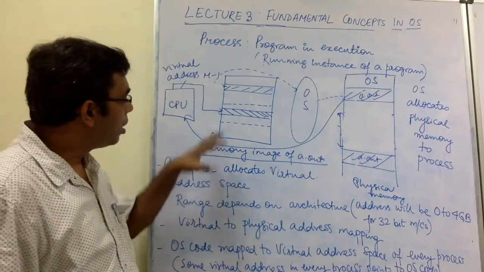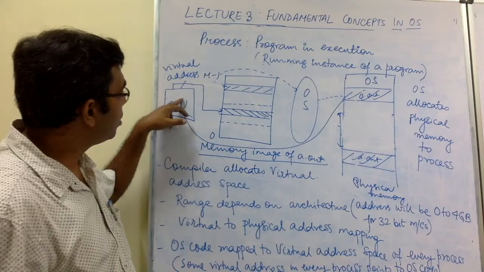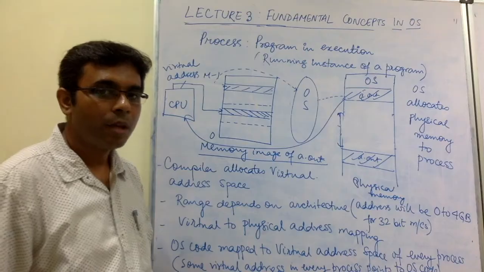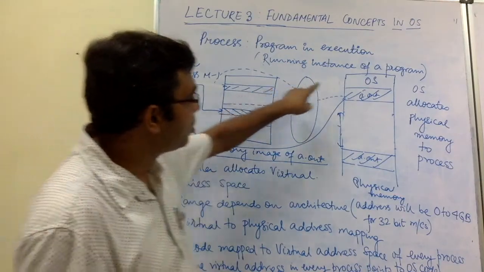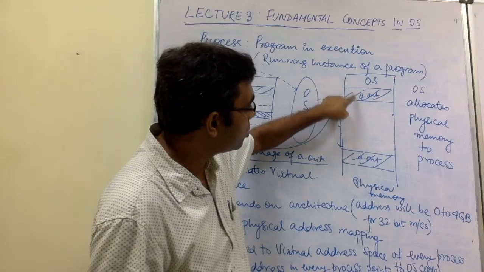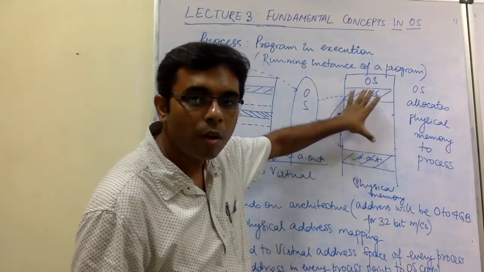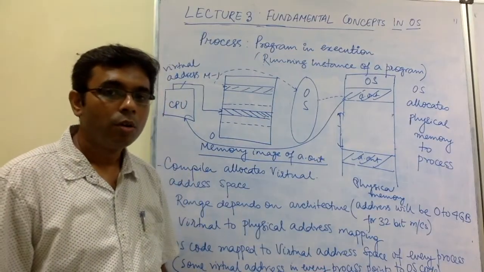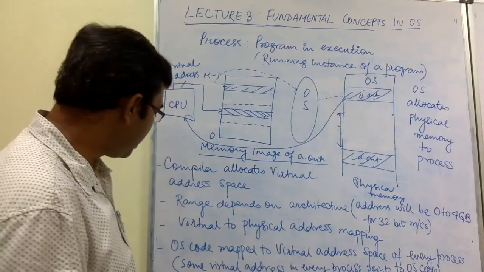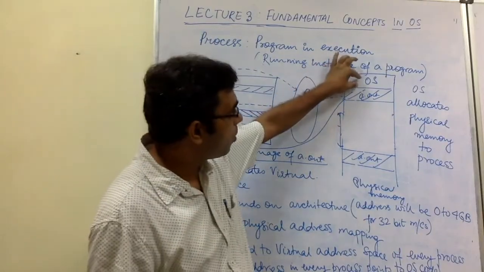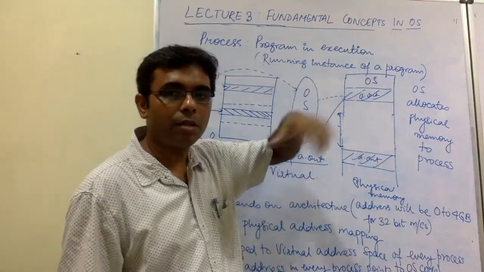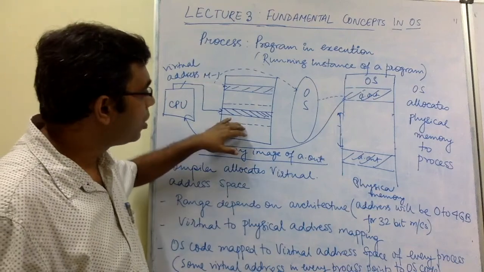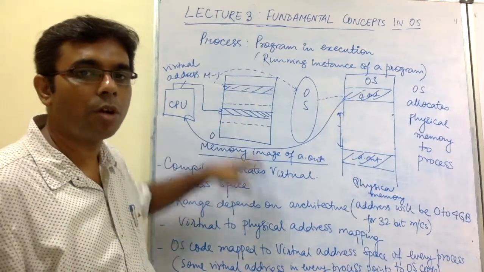So let us say there's a situation where such kind of an instruction has to be executed by the CPU. But since that instruction is to be executed by the OS, obviously those instructions will not be available in the range of addresses allocated to the process in the physical memory. So what happens is the kernel code of the OS is actually mapped to the virtual address range of this process.